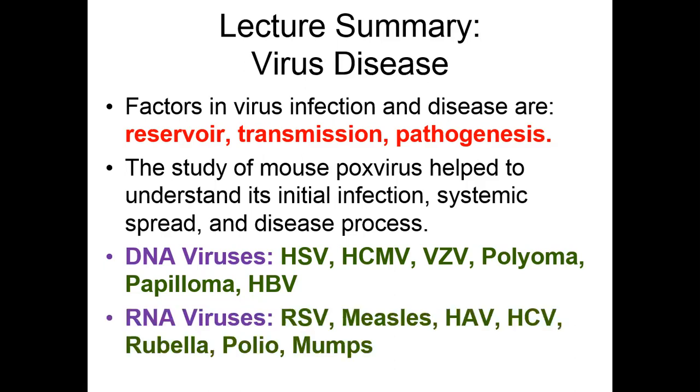By the same token, we have RNA viruses like Rous sarcoma virus, measles, hepatitis A virus, hepatitis C virus, rubella, polio, and mumps.